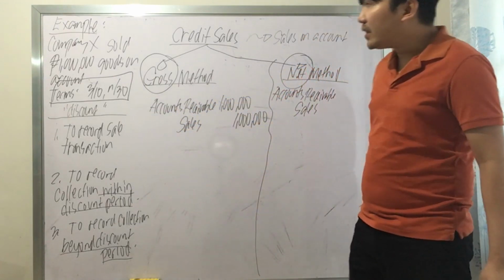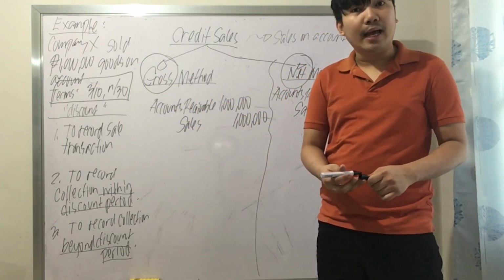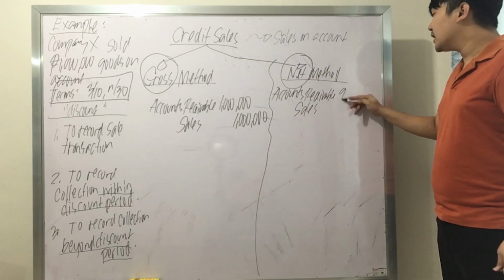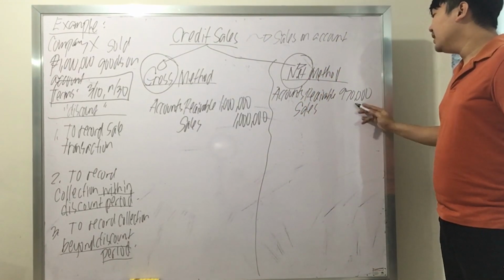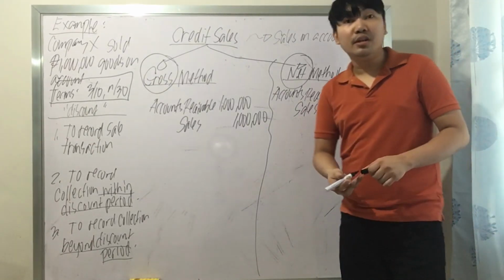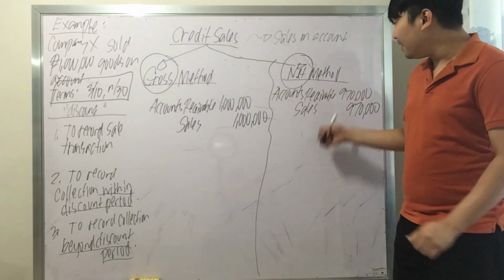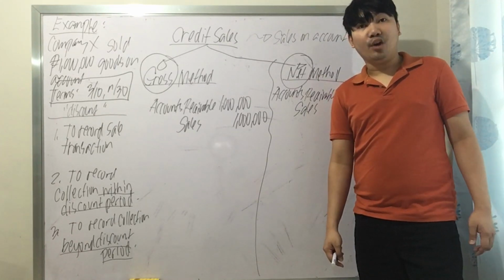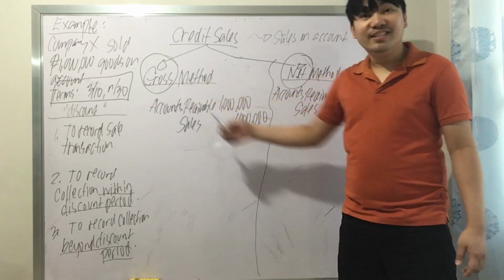In that case, what is 3% of 1 million? 30,000. So, ang recording niya dito, class, 970,000. So, hindi ba kulang yun? Actually, hindi. Kasi, ina-anticipate niya na magbabayad within discount period si client. Okay? Yun ang pinagkaiba ng gross tsaka net method.